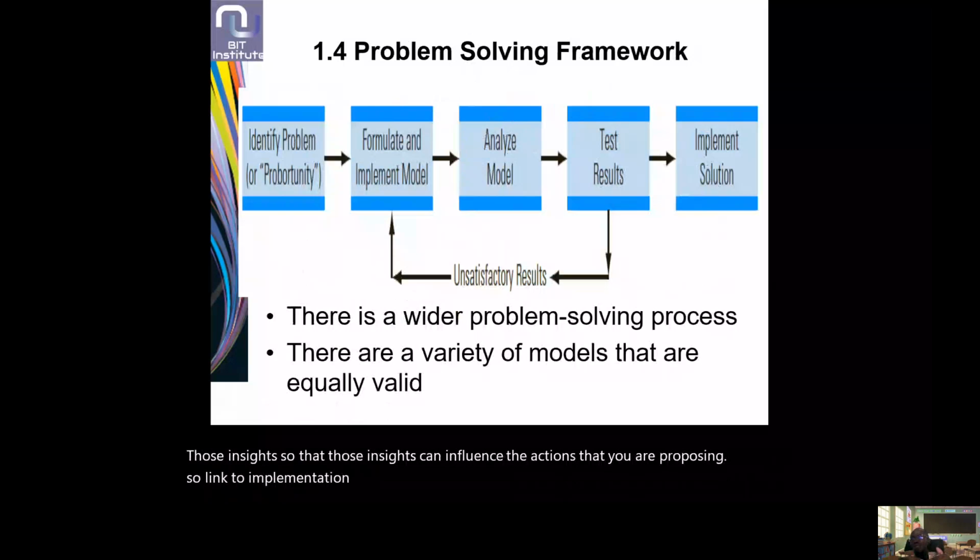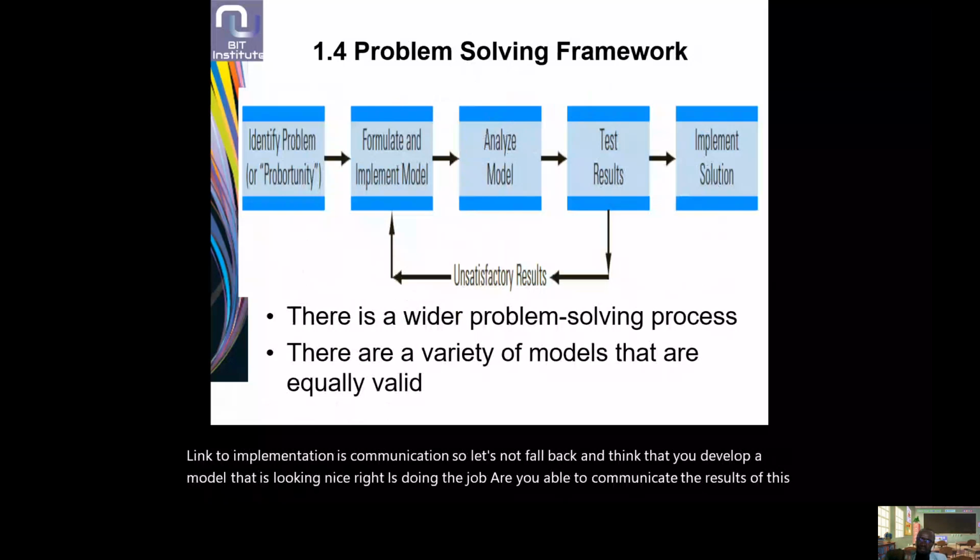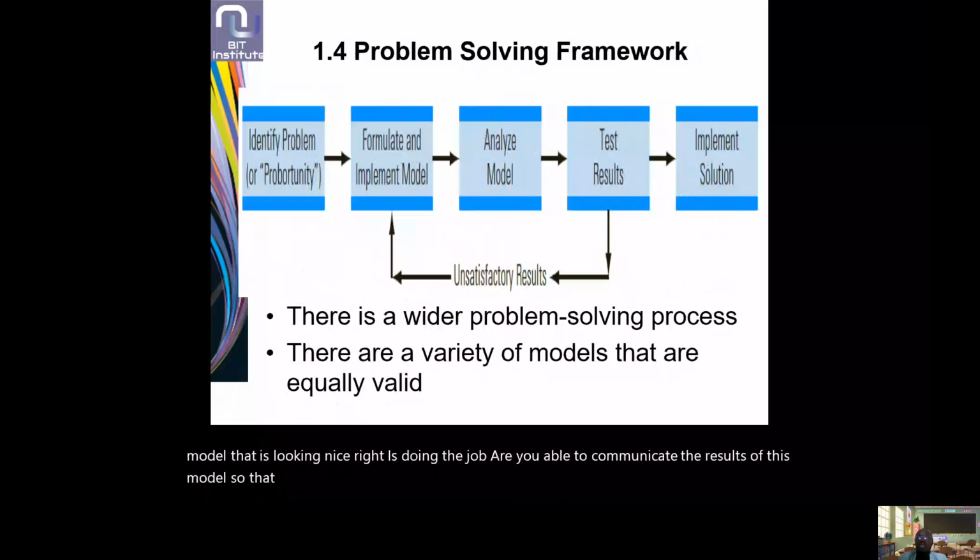Let's not fall back and think that you develop a model that is looking nice, right? It's doing the job. Are you able to communicate the results of this model so that managerial action can be influenced? That's why we say that implementation is one of the most difficult phases of the problem-solving framework.